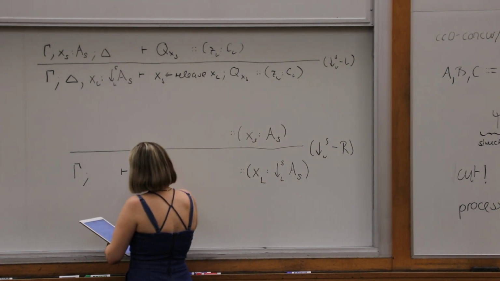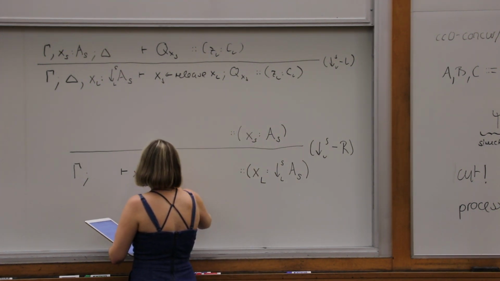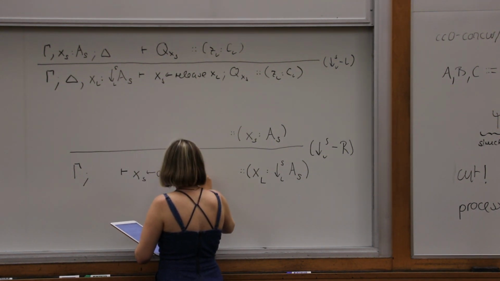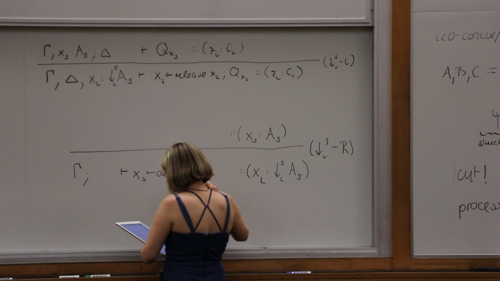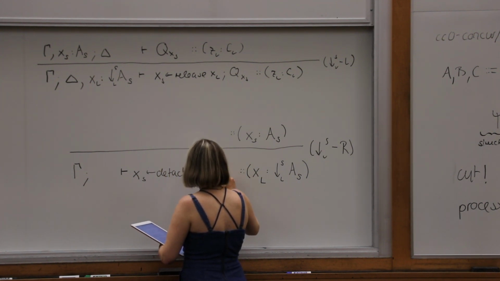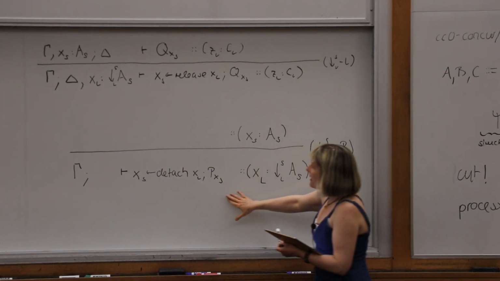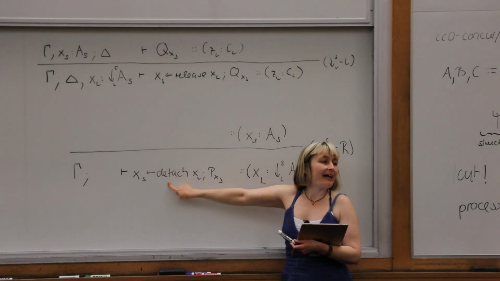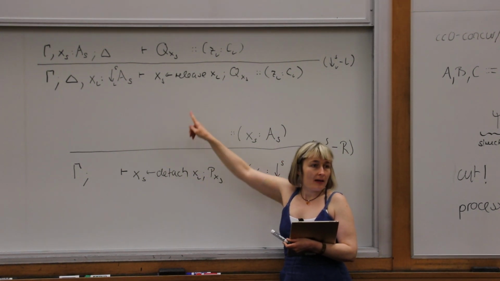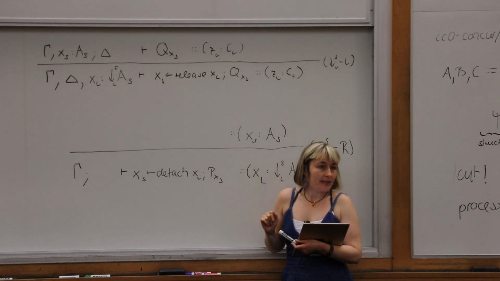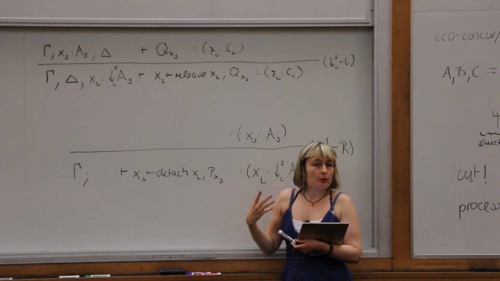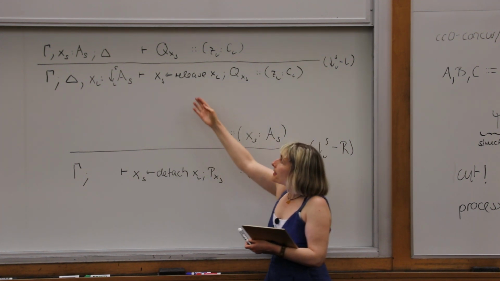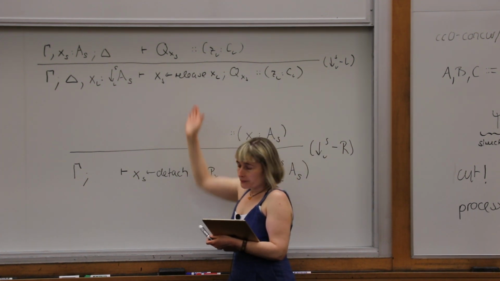So I provide you with intuition, or the thing that we thought about when we came up with this. The idea is that we can initiate a release by detaching ourselves, and that's how then the client can do the release. So a provider detaches itself, and then the client can do the release.